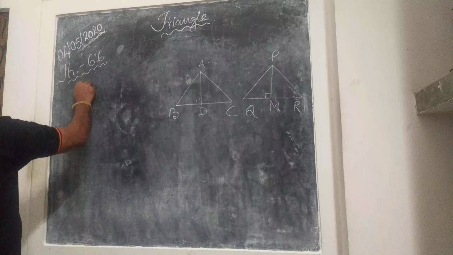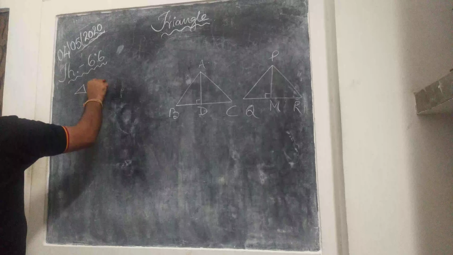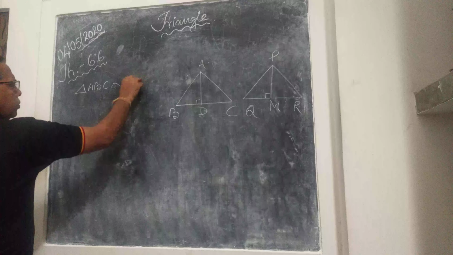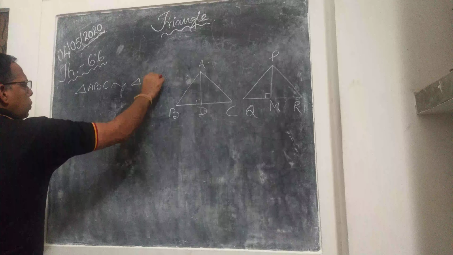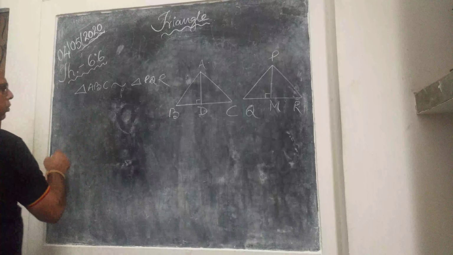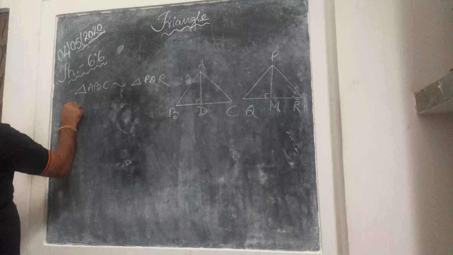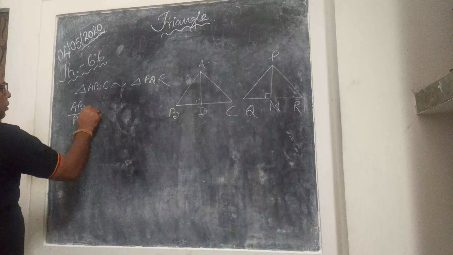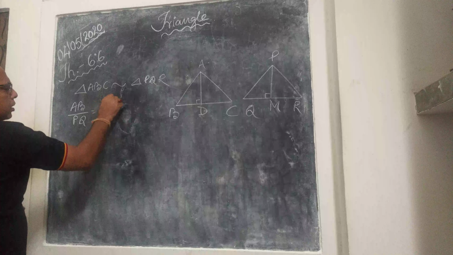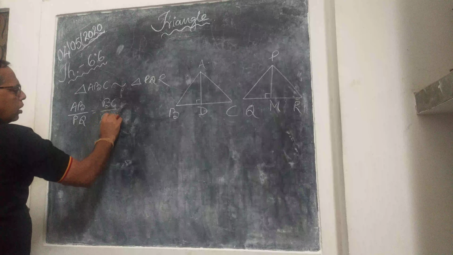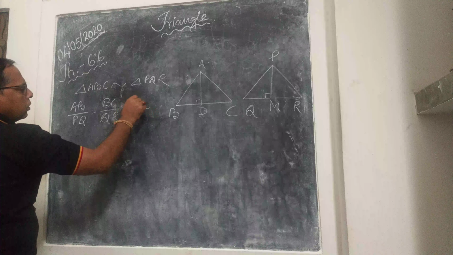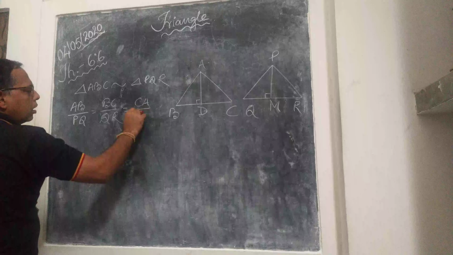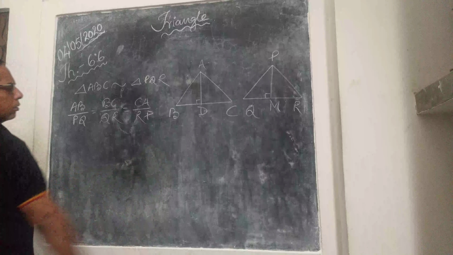Triangle ABC is similar to triangle PQR, then AB by PQ equal to BC by QR equal to CA by RP.